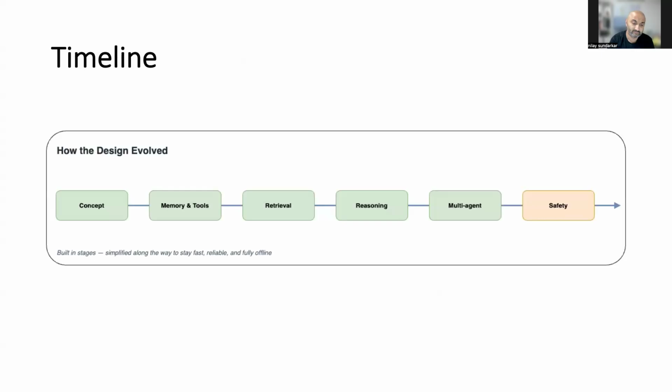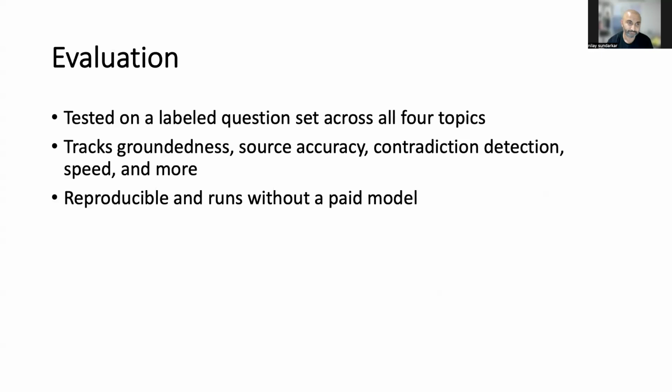I didn't build this all at once. It grew in stages, starting from the core concept, then adding memory and tools, then retrieval, then the reasoning layer, then the multi-agent coordination, and finally the safety systems. And at each stage, I deliberately simplified where I could to keep the whole thing fast, reliable, and able to run completely offline.